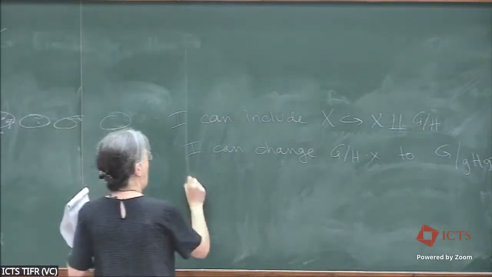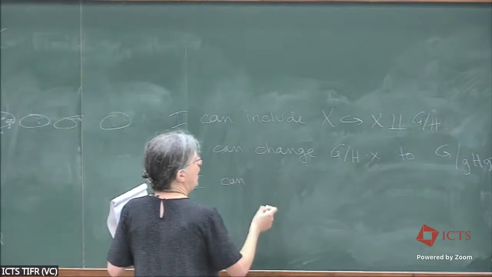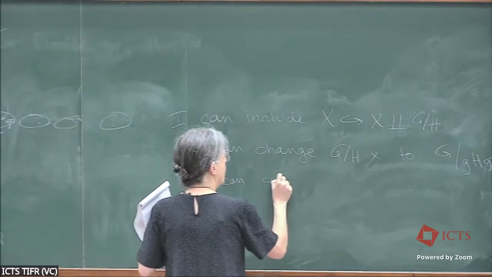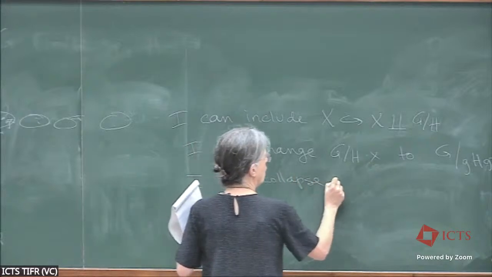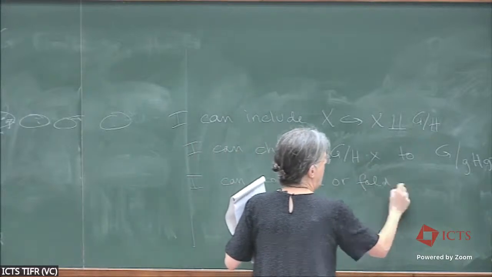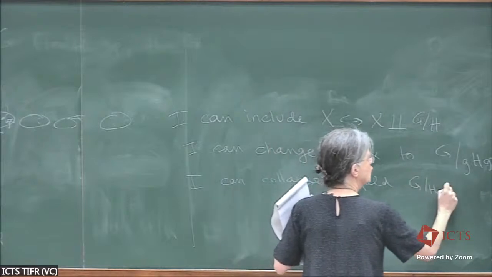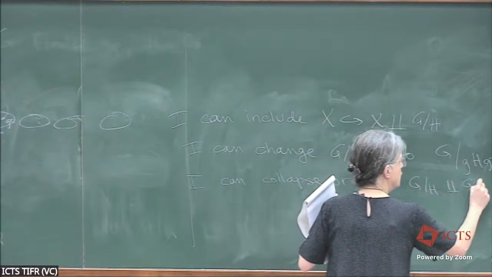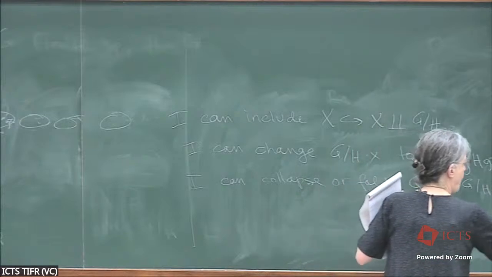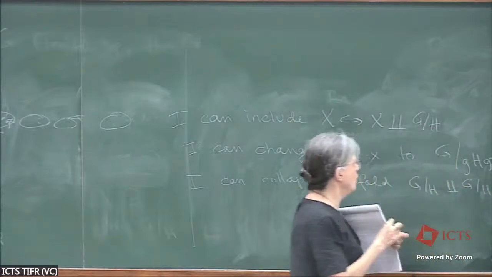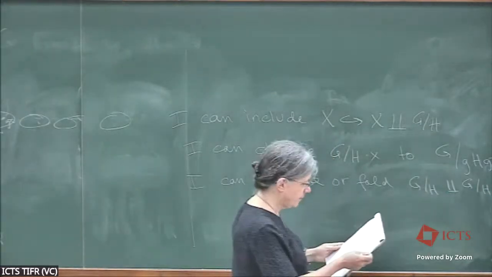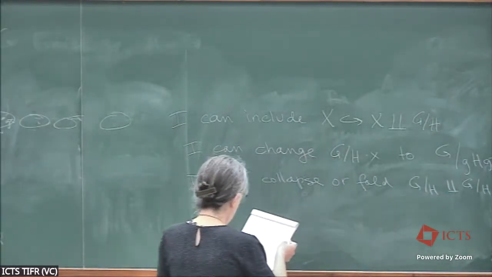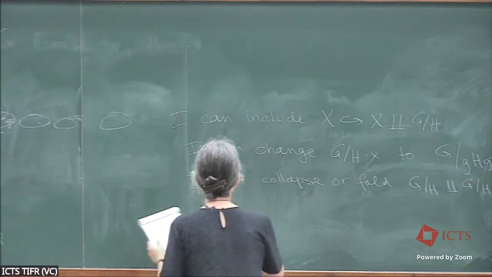Okay, I can collapse or fold two orbits that I've identified as G mod H disjoint union G mod H. I can overlap the x of this one with the y of that one and get a single one. Okay, and I can permute orbits.